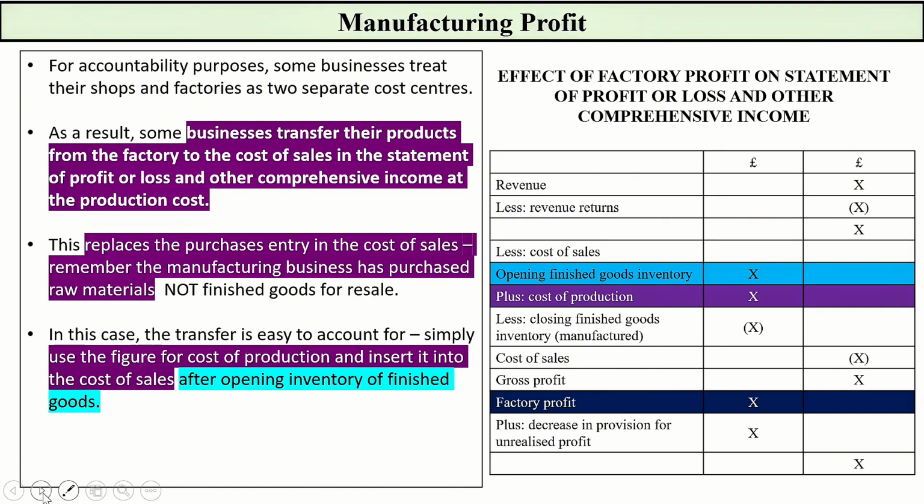This replaces the purchases entry in the cost of sales. Remember, the manufacturing business has purchased raw materials, not finished goods for resale. In this case, the transfer is easy to account for. Simply use the figure for the cost of production and insert it into the cost of sales after opening inventory of finished goods.